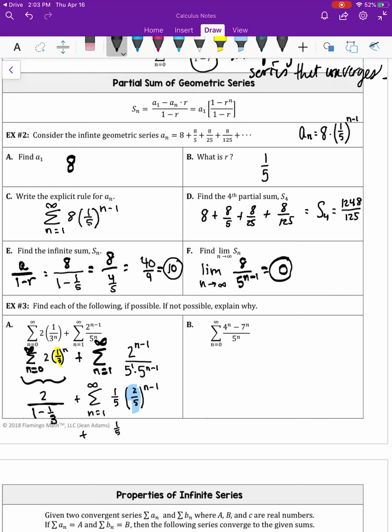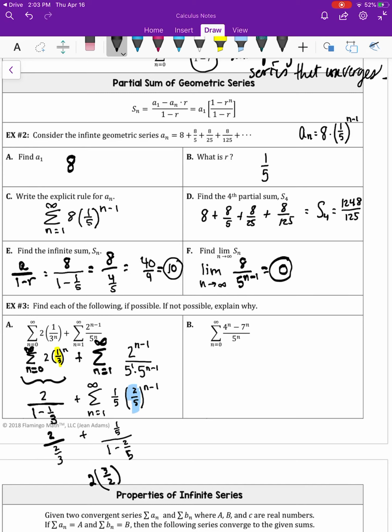And your a sub 1 is going to be 1/5. But again, since 2/5 is between 0 and 1, you can say that that is a geometric series, and you can use your first term over 1 minus r as your summation. So sometimes you have to mess around with it a little bit to make it into something that you can use.